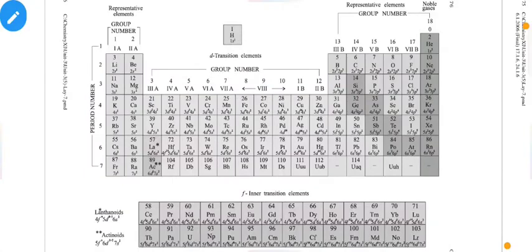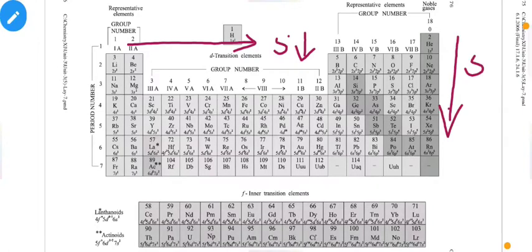And similarly, we can check the diagonal relationship in this case as well. As discussed, as we move from left to right, sizes will decrease, and as we move from top to bottom, sizes will increase because of increasing orbitals. So from lithium to beryllium size will shrink, but from beryllium to magnesium size will increase.